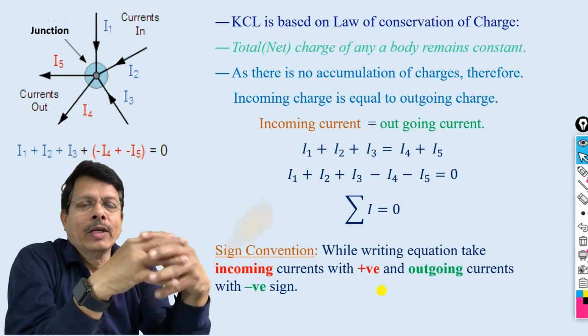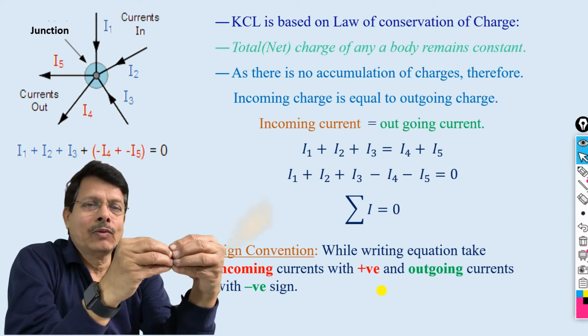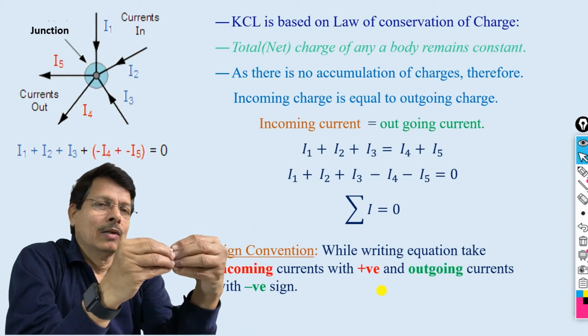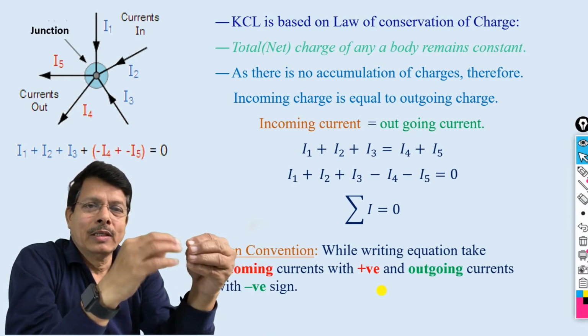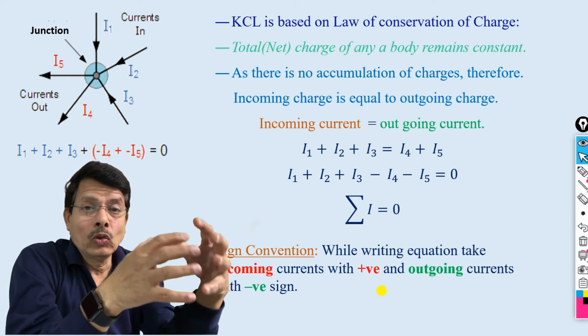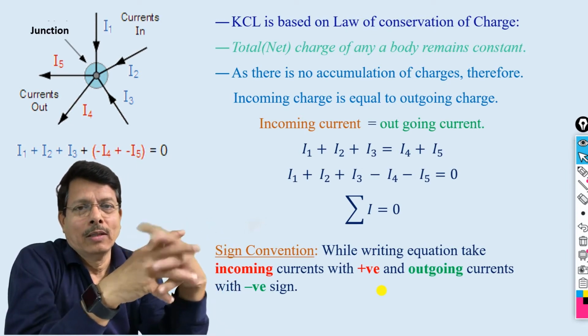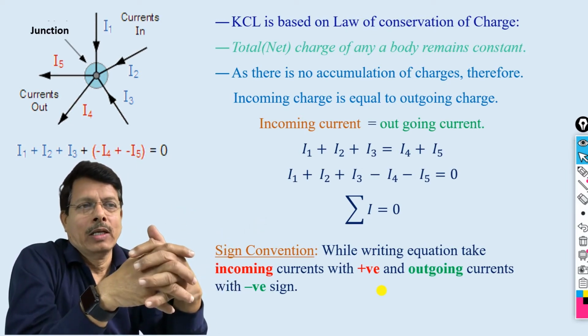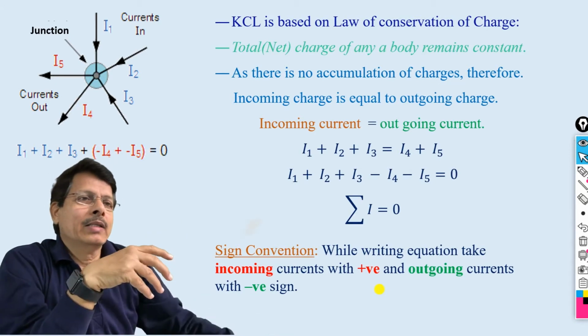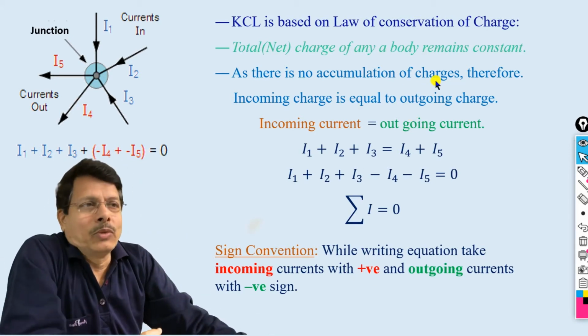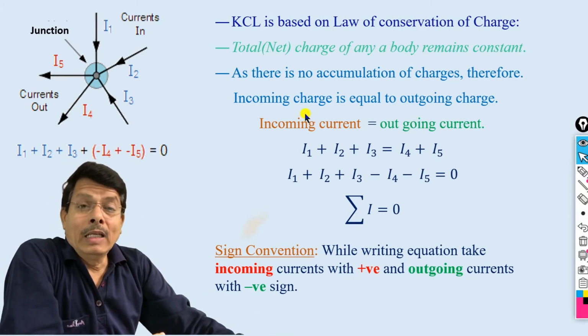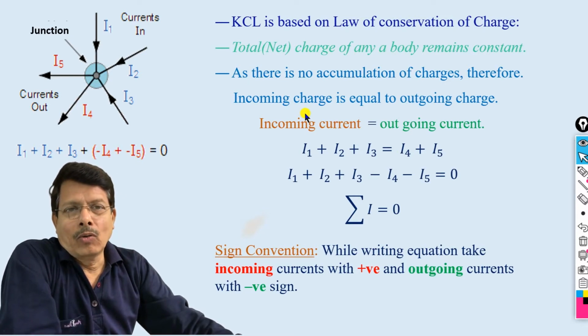Therefore, if a conductor is used for carrying current, whatever charge comes in is given out. There is no accumulation of charge, there is no storage of charge, and that's why incoming charge is equal to outgoing charge.